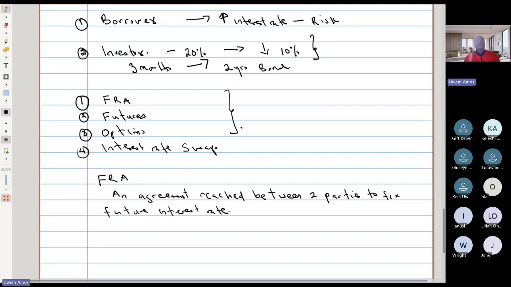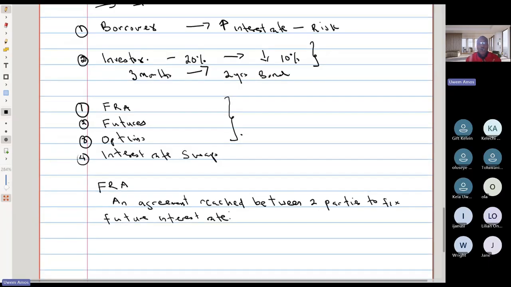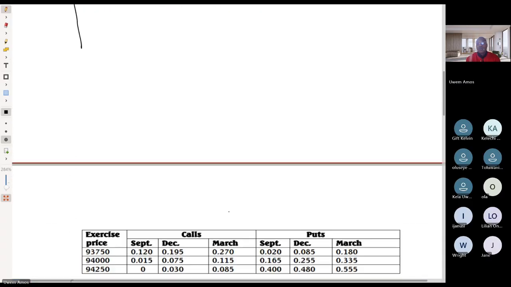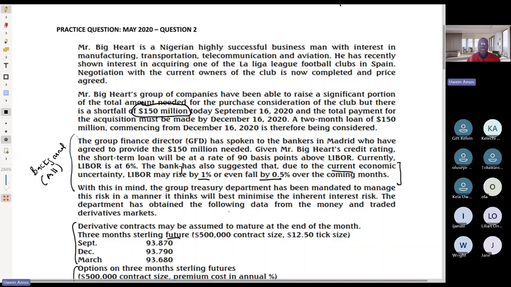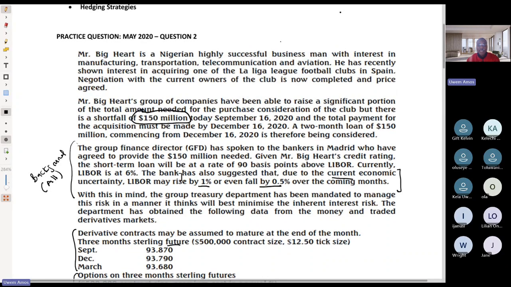So for example, if it is an OTC or over-the-counter transaction, you are able to reach out to a financial institution and say, I want to borrow, as Mr. Big Heart that needs to buy a La Liga club, I want to borrow 150 million, but I need the money in December.